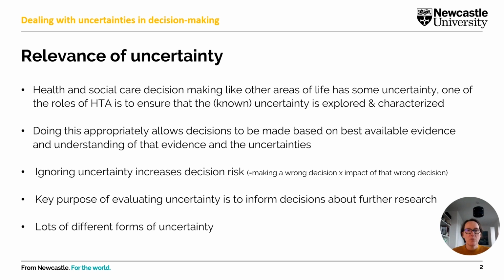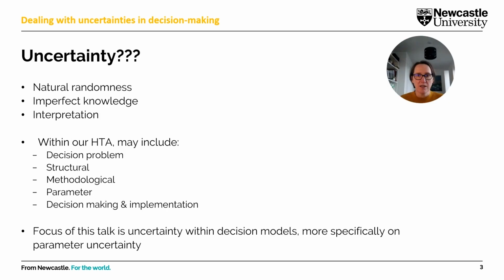There are a lot of different forms of uncertainty, some of which are introduced by those who are undertaking HTA, some by the evidence that is used to inform HTA, and some by those making decisions based on the outcome of our analysis. There are a few core ways to think about uncertainty and how we might manage the impact of that uncertainty.